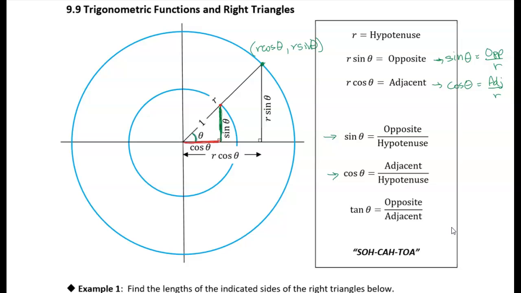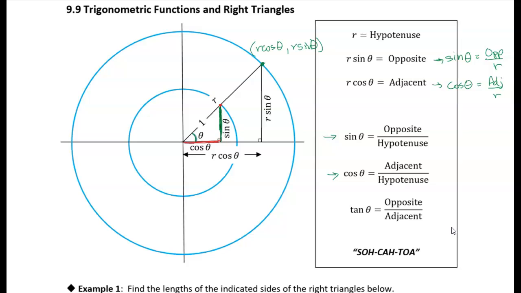Now these definitions of sine, cosine, and tangent may be already familiar to you. Oftentimes in high school geometry, this is the way that trigonometry is introduced, as right triangle trigonometry. You learn that sine is opposite over hypotenuse, cosine is adjacent over hypotenuse, and tangent is opposite over adjacent. And sometimes people teach this little mnemonic SOHCAHTOA, which is just the first letters. Sine is opposite over hypotenuse, so SOH.